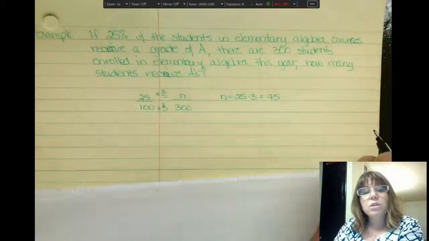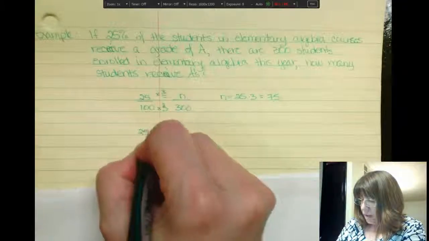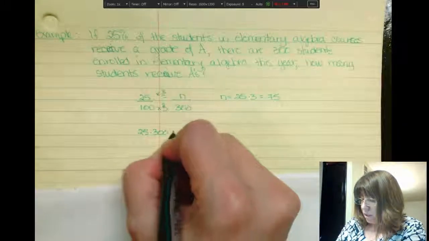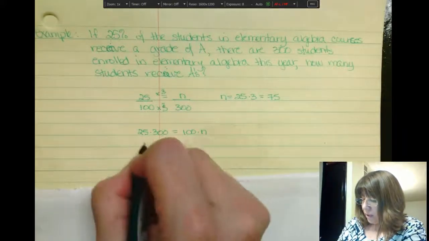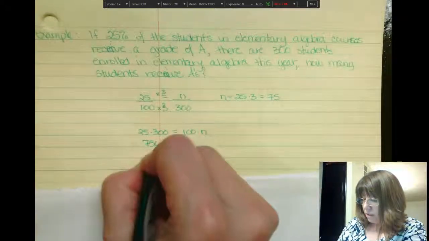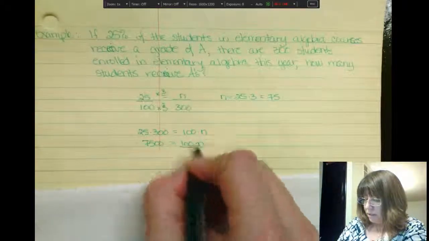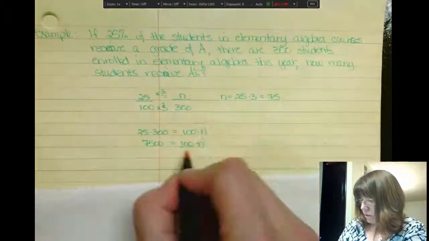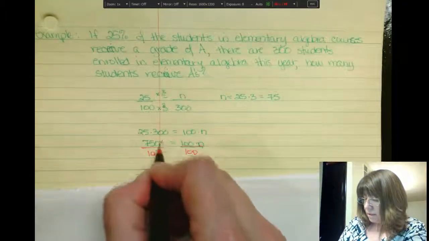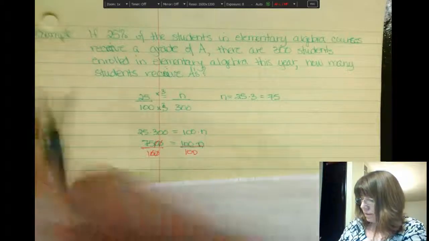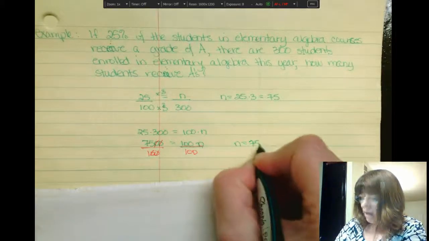Now we could do this using cross multiplication. So 25 times 300 equals 100 times n. And then I would have 7,500 equals 100n. Divide by 100 on both sides, and I still get the same answer of 75.